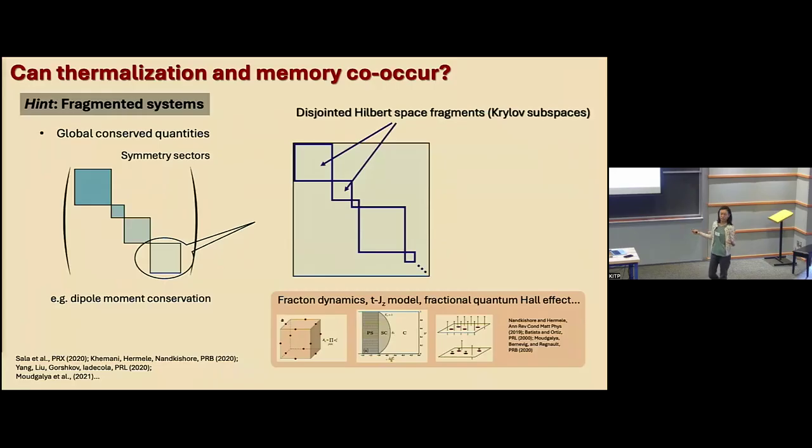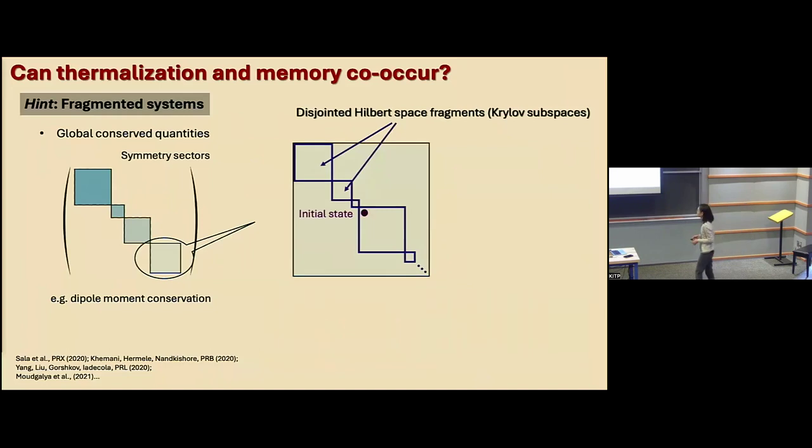So these fragmented systems are generally quite interesting for studying a host of exotic phenomena like fractal dynamics, the TJZ model, the fractional quantum Hall effect. And one interesting phenomenon that has been predicted by Mutgauya and co-authors is that you can start with an initial state in a given Krylov subspace.